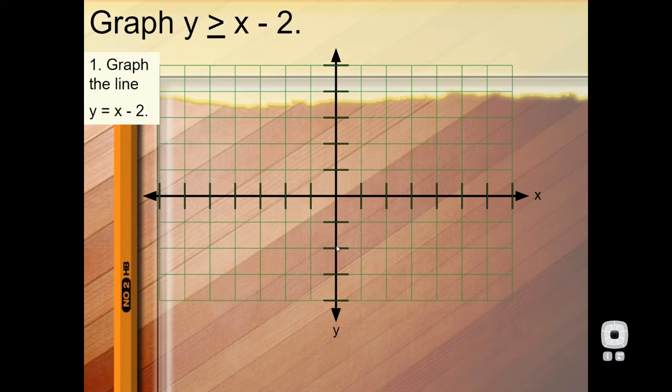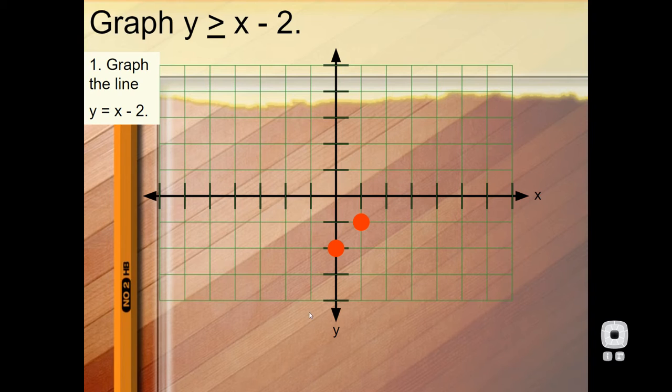So if I put a point here at negative 2, and my slope is 1 over 1, it tells me I have to rise over run. I run forward 1 and I rise 1. So my second point would be right here. And remember, my first point is right there. All right, so the next question is this.